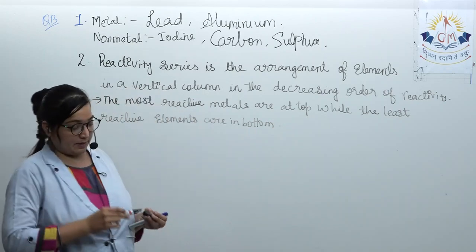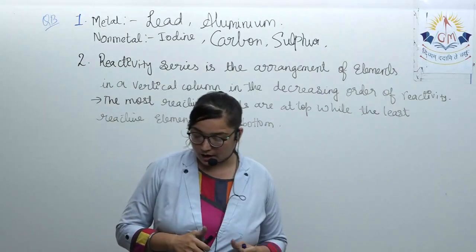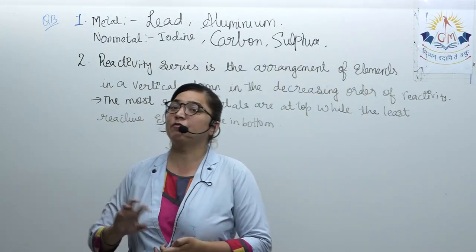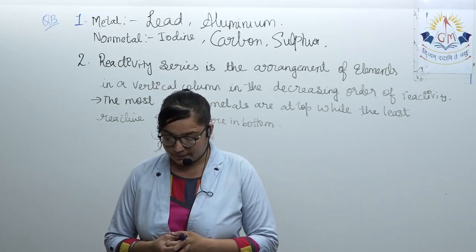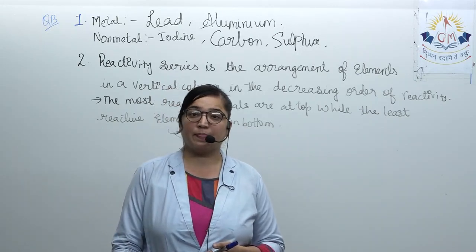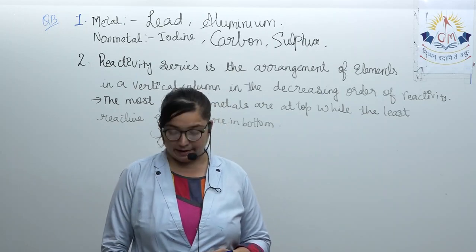The least reactive elements are kept at the bottom. Those which have more reactivity form compounds quickly, and such metals are generally not found in the free state; they are found in combined forms.